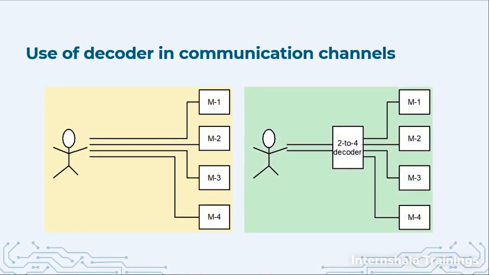Well, then we say we will suggest you something better. Use a decoder. Use less number of lines and they will decide where you want to connect. And this is exactly what we do in the telephones. Our numbers are those select lines for the decoder, and based on the number we are connected to one of the users.